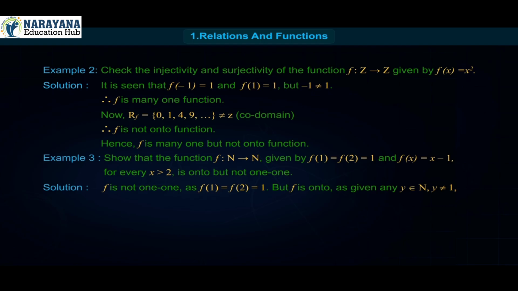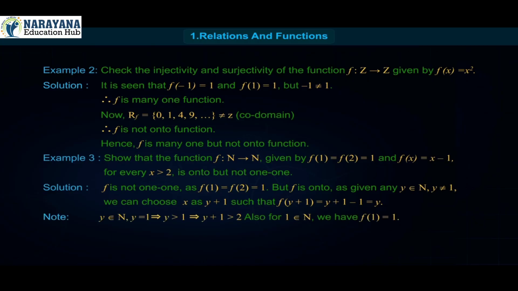But f is onto as given any y belonging to N where y is not equal to 1, we can choose x as y plus 1 such that f(y+1) equals y+1 minus 1 equals y. Note, y belongs to N, y not equal to 1 implies that y is greater than 1, which implies that y+1 is greater than 2. Also for 1 belonging to N, we have f(1) equals 1.